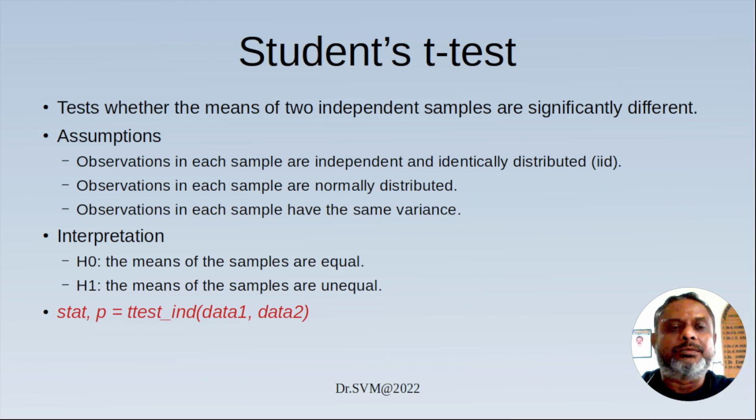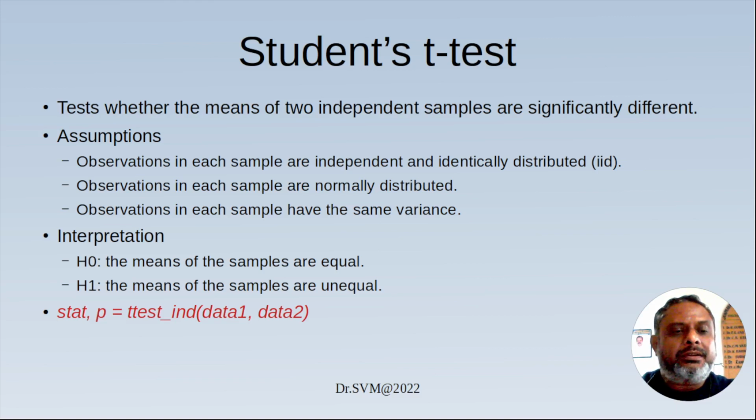The assumptions are, of course, when you're doing any hypothesis test, we would expect the samples to be IID, independent and identically distributed. And then the samples are supposed to be normally distributed, and each sample should have the same variance.